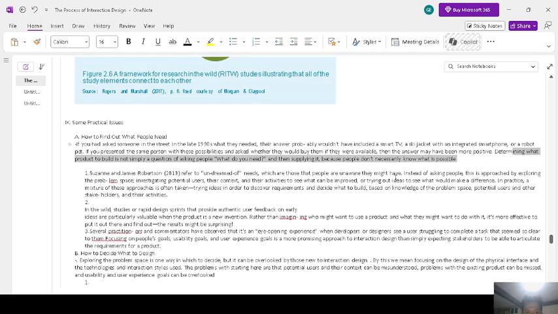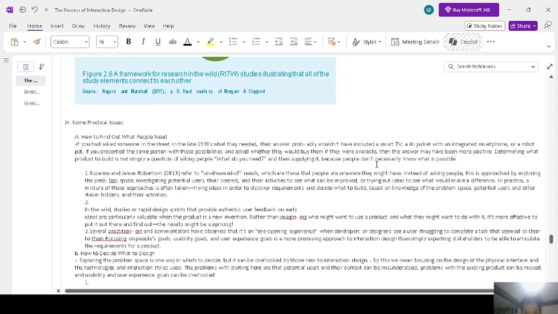Determining what people need and then supplying it is hard because people don't necessarily know what is possible. So a lot of times, if people are asked what they need, they wouldn't say it.